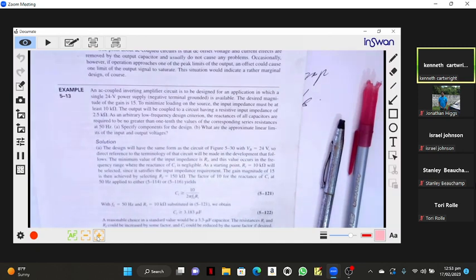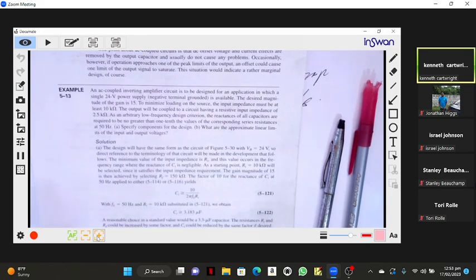The reactances of all capacitors are required to be no greater than 1/10 the values of the corresponding series resistances at 50 hertz. So the lowest frequency we want to amplify with this amplifier is 50 hertz. Specify components for the design.